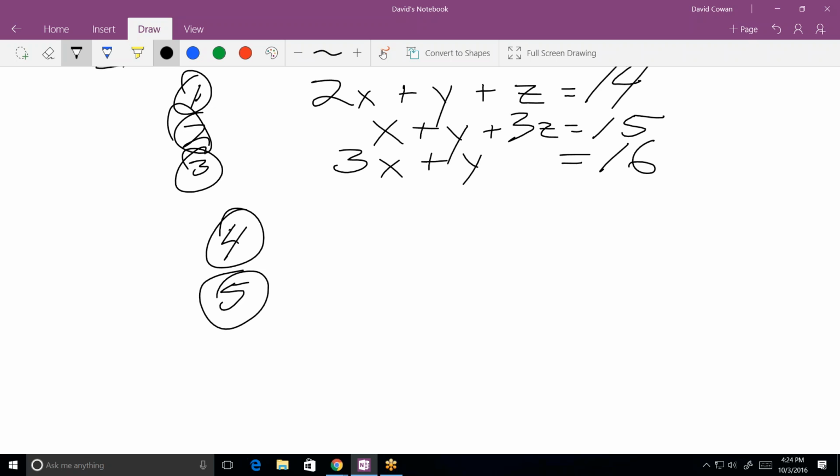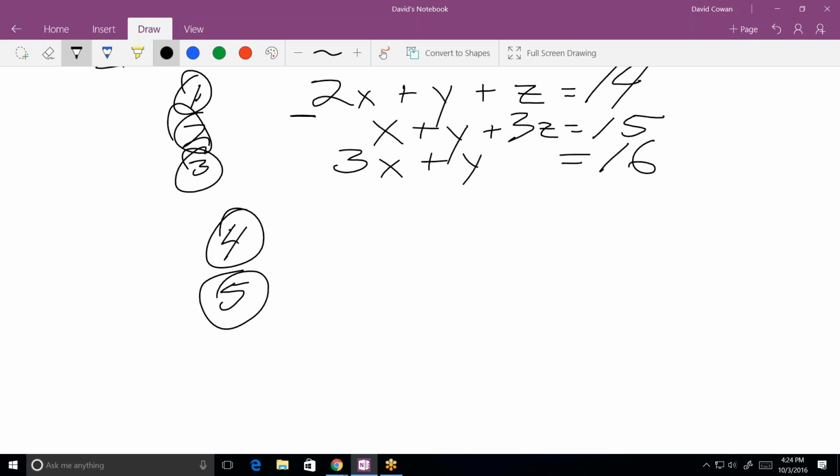Or we could do 2 minus 1. Either way gives us the same thing. If we do 1 minus 2, we have negative signs. If we do 2 minus 1, it's a little cleaner. Not really. We still have a negative sign. Let's do 1 minus 2. What do you get when you subtract 1 minus 2?